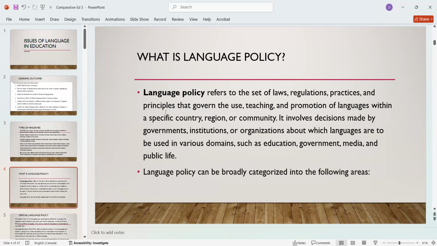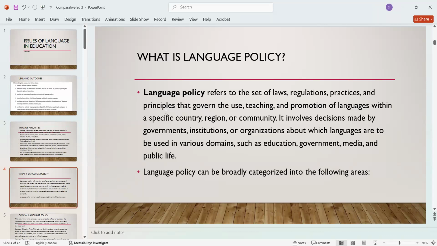So language policy means a set of laws, regulations, practices, and principles that govern the use, teaching, and promotion of languages within a specific country, region, or community. Even in Sri Lanka we have a language policy, we'll see that later. If there are a lot of languages, they have to control them, they have to have a language policy.